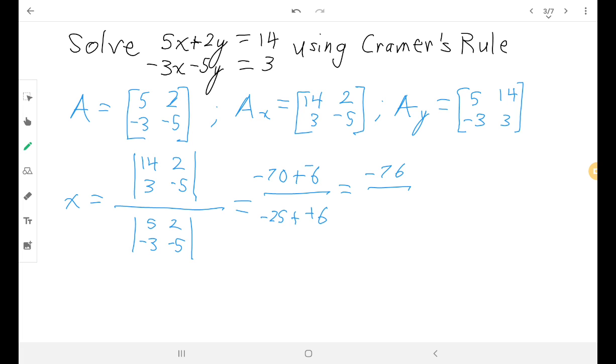over -19, I believe. That looks right. Which comes out to a positive, and a positive what? 76 over 19, whatever that might be.